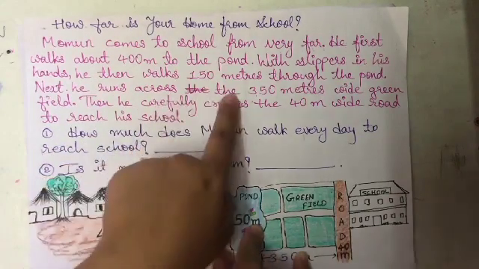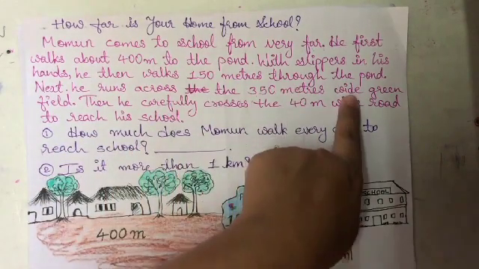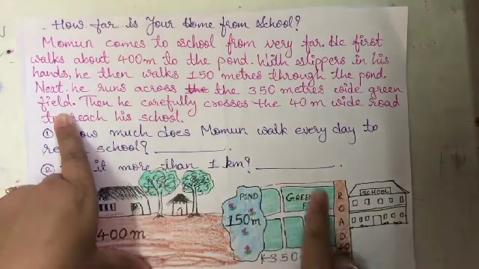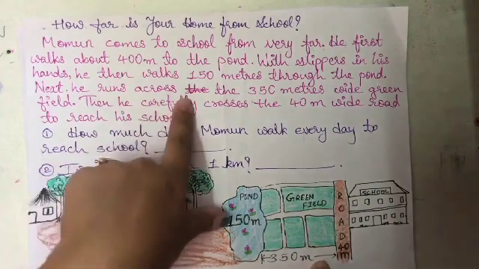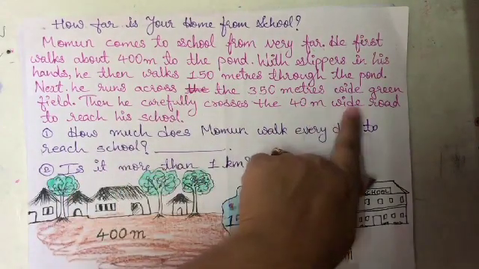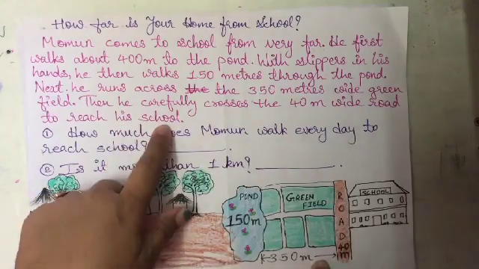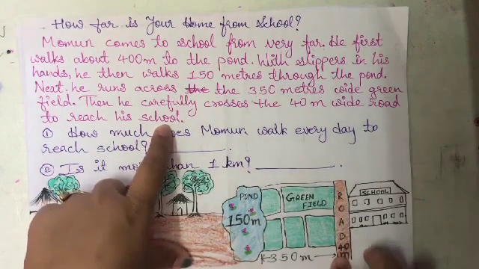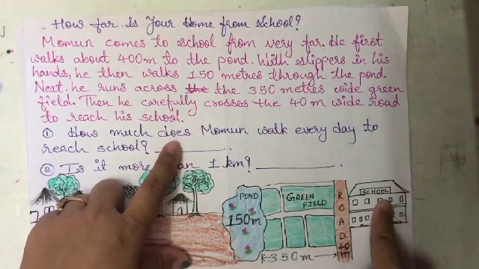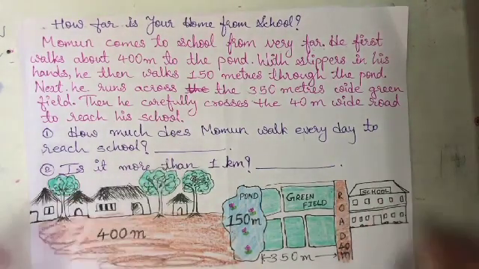Next, he runs across the 350 meters wide green field. You can see the green field here. I have written 350 meter of that. Then he carefully crosses the 40 meter wide road to reach his school. As you can see, the brown color road, 40 meter of that. Okay, and then he reaches his school.